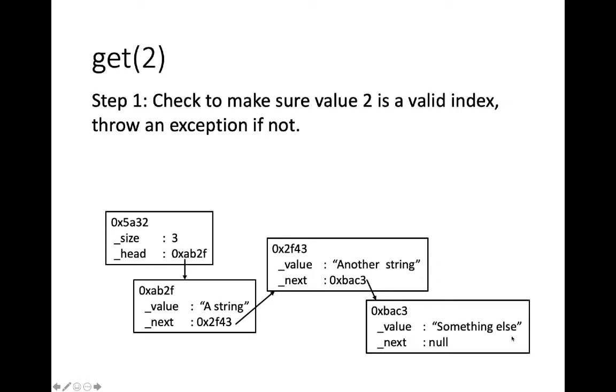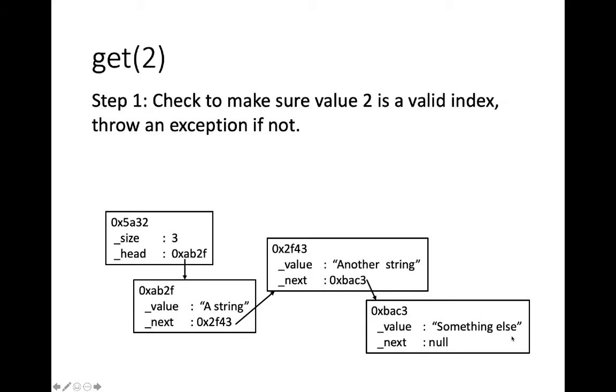So I posted about this on Sakai as well, but basically in your solutions for A4, whenever you are checking an index to see if it's legal and it's not legal, just throw an index out of bounds exception, because that exception more accurately describes the situation than the generic runtime exception.